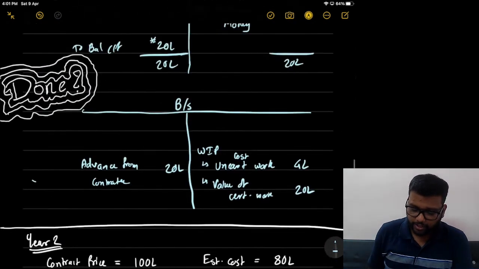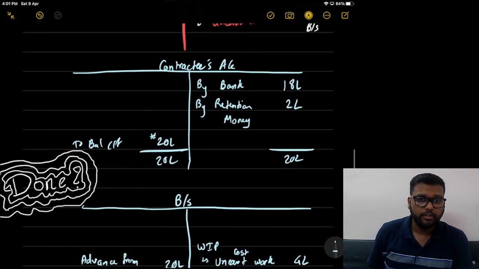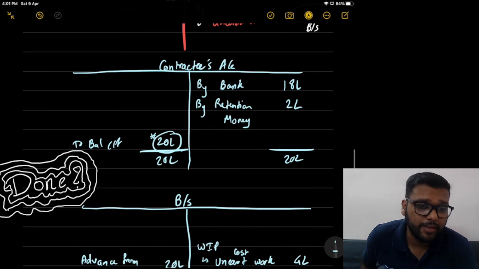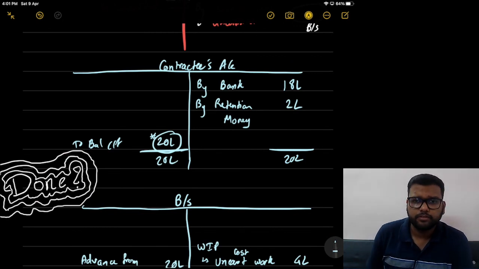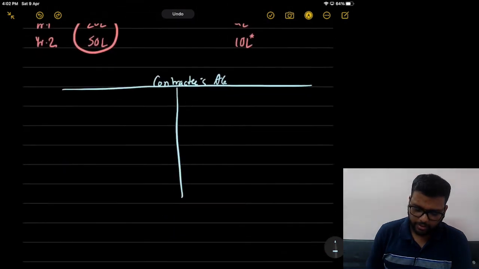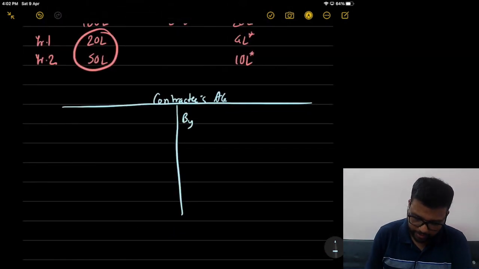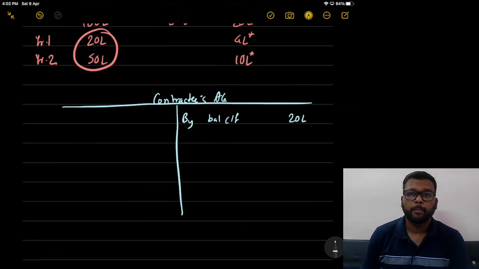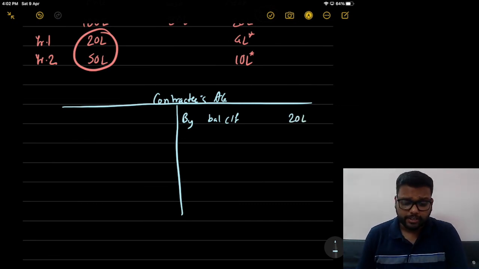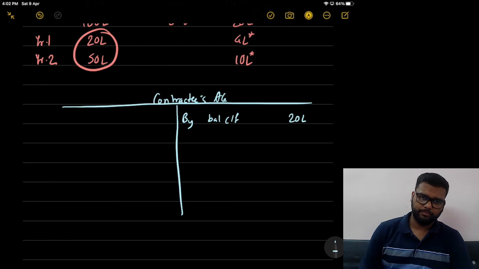In contractee's account, if you remember, there was 20 lakhs balance as advance, correct? Yes. That 20 lakhs we should write as opening balance. Now again, understand very carefully.